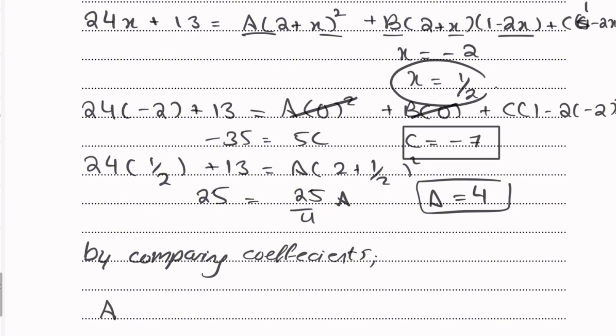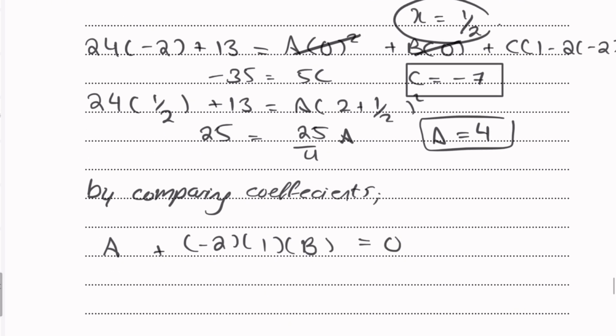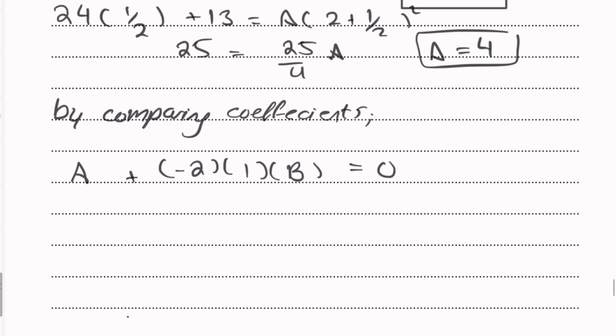So you get A plus negative 2 times 1 times B, and that's supposed to equal 0, because there's no x squared in here, the coefficient of x squared is equal to 0. And so A, which we found to be 4, minus 2B equals 0, so B must equal 2. And here we have the partial fractions.